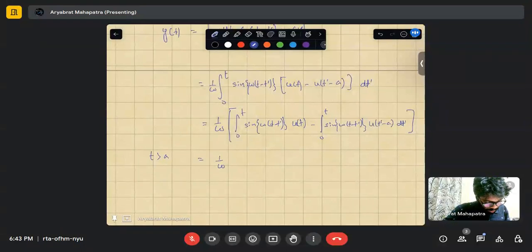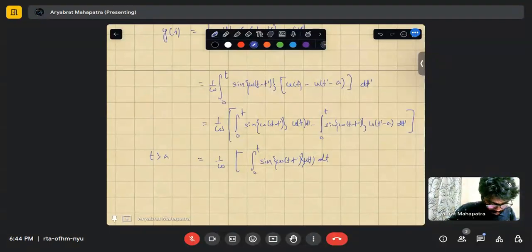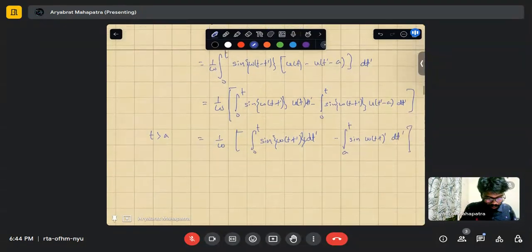You can check that for t greater than a, you will see 0 to t of sine omega (t minus t prime) times u of t, dt prime, then minus the integral from a to t of sine omega (t minus t prime) with no u of t, dt prime.